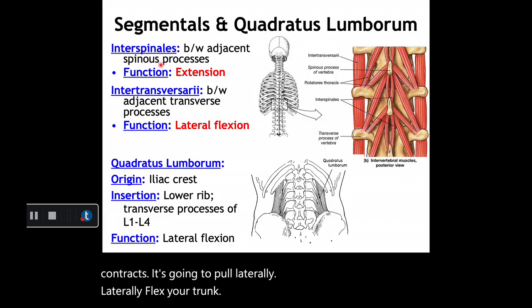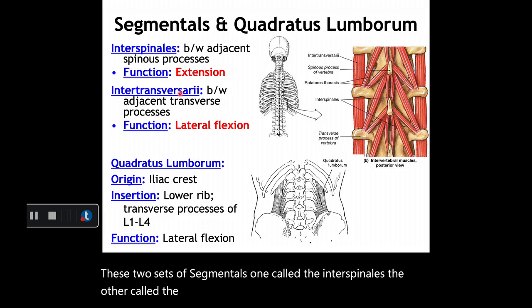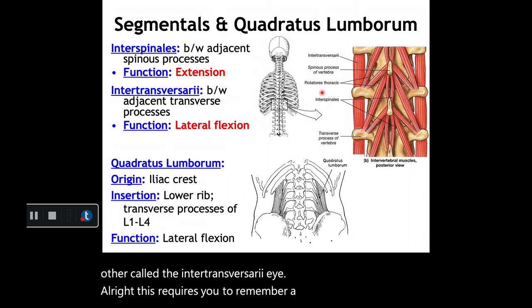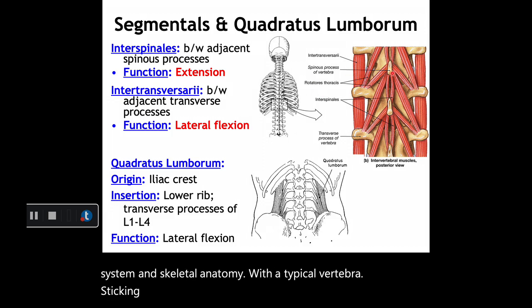These two sets of segmentals, one called the interspinales, the other called the intertransversarii. Right? This requires you to remember a little bit about the skeletal system and skeletal anatomy. With a typical vertebra, sticking out the posterior side of each vertebra is a process called a spinous process.